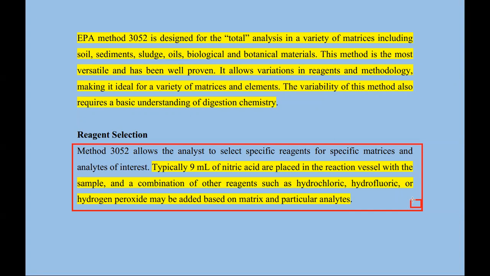Here they're saying that typically about 9 milliliters of nitric acid are placed in the reaction vessel with the sample. But when you use nitric acid, what is it that we need to do? They're saying you also need a combination of hydrochloric acid, hydrofluoric acid, as well as hydrogen peroxide that may be added to this particular sample.